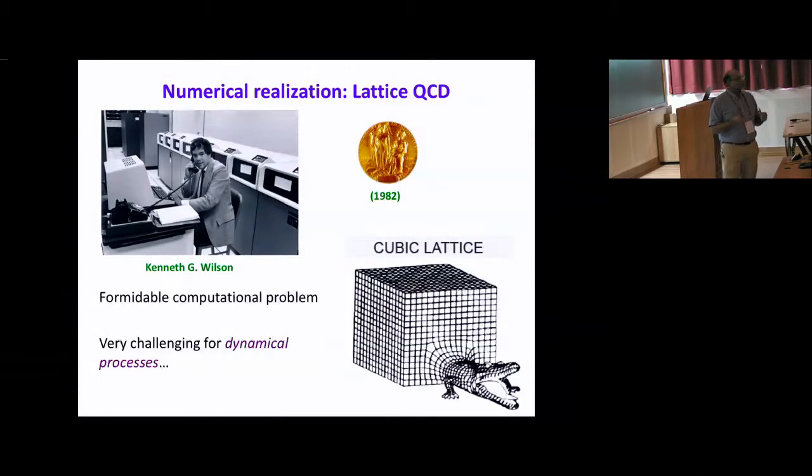But it's absolutely challenging for dynamical processes. There's been some recent progress in trying to understand scattering and so on in Lattice QCD, but it's a very challenging problem. So if there are ambitious people among you who want to win a Nobel Prize someday, start thinking about this problem. Because that's kind of the nature of this problem. And so here you kind of have this conundrum.